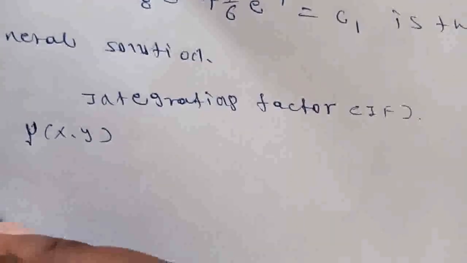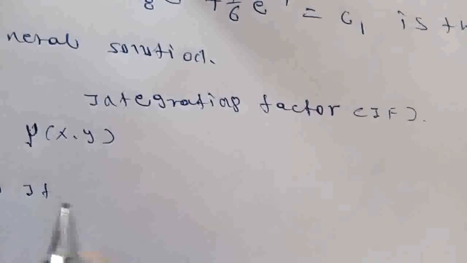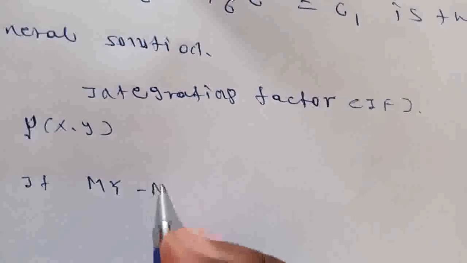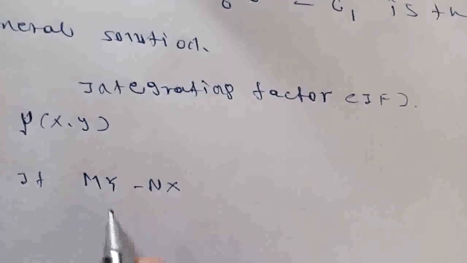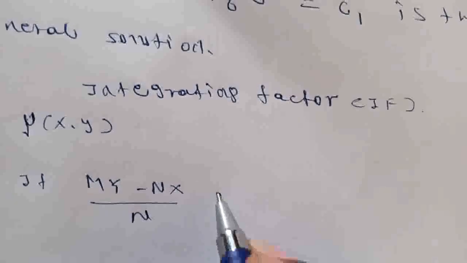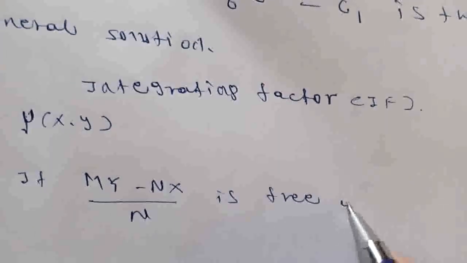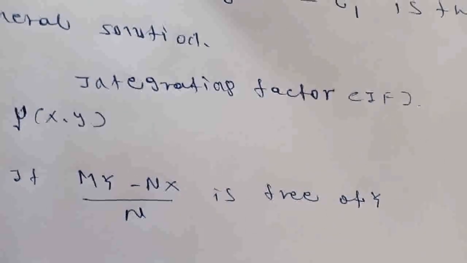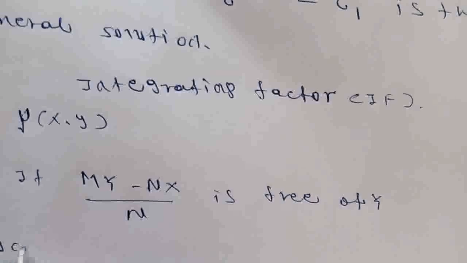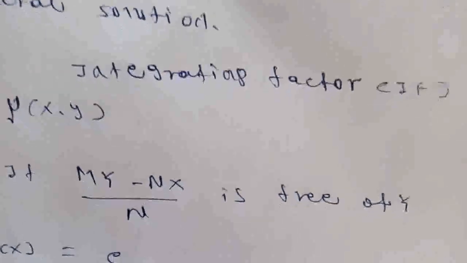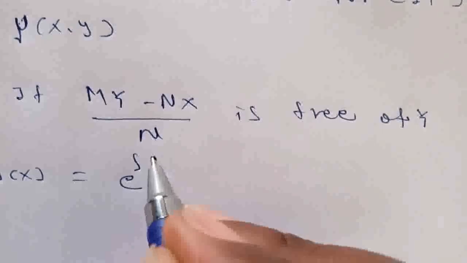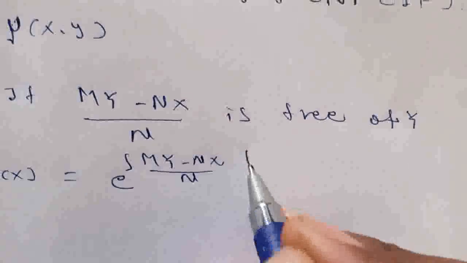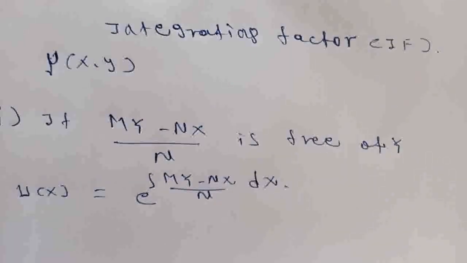The first one is: if M sub y, which means the partial derivative of M with respect to y, minus N sub x, the partial derivative of N with respect to x, over N is free of y, then our integrating factor is mu of x, which is equal to e to the power of integral of (M sub y minus N sub x) over N dx. This is the first case.